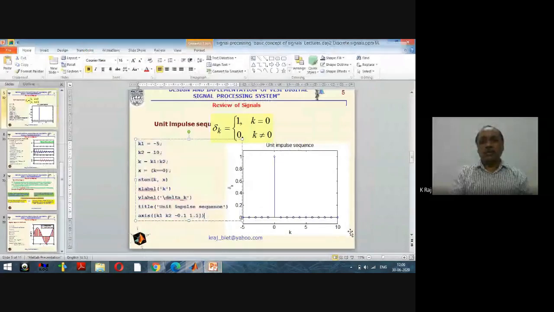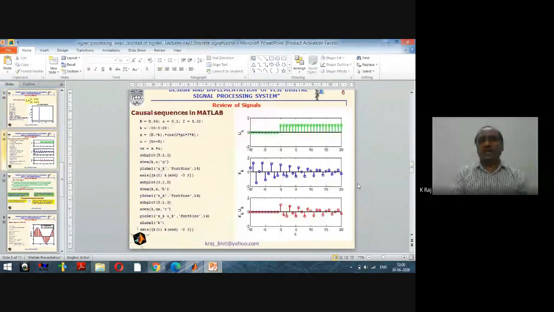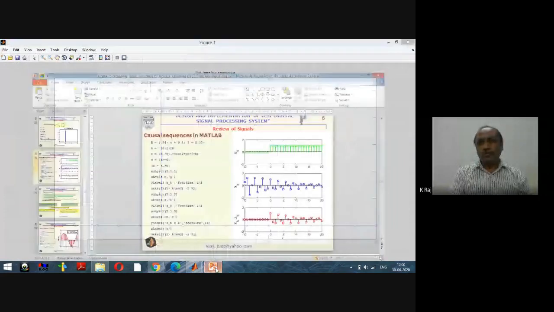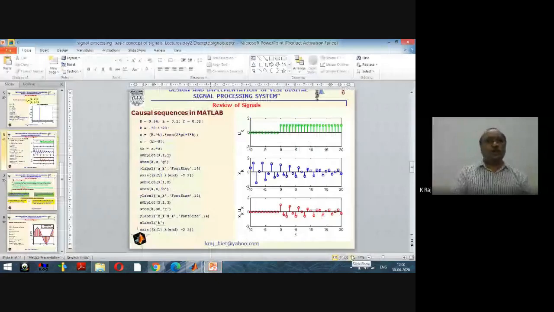So we are at the stage to describe the different types that can be utilized for the purpose of testing any sequence. And now we are going to describe the causal signal, how the causal sequence will be generated using the MATLAB command window.